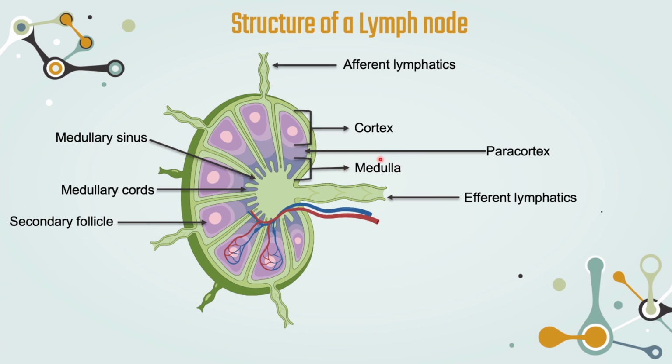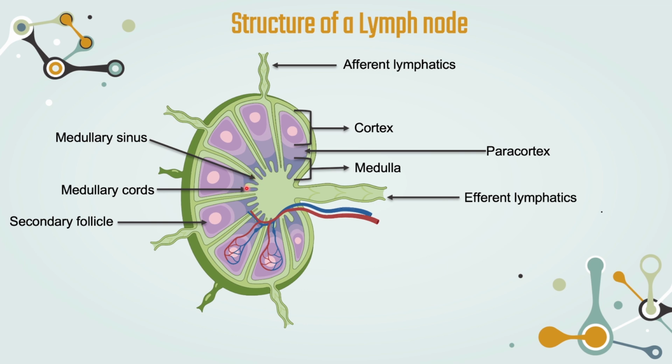Now this is medulla. So medulla has these medullary cords and the sinus, all right? And you'll get numerous questions about medullary cords and medullary sinus. And the way they will ask you question is that medulla houses the macrophages, specifically the medullary sinus. Medullary sinus has macrophages and reticular cells.